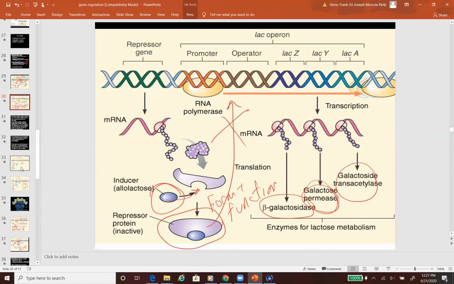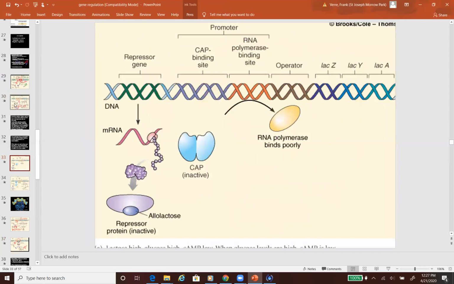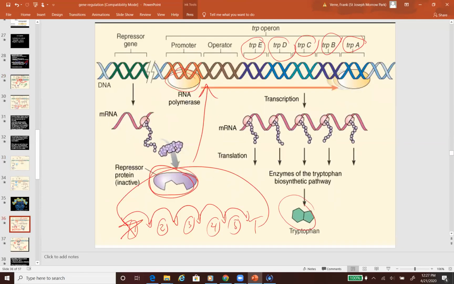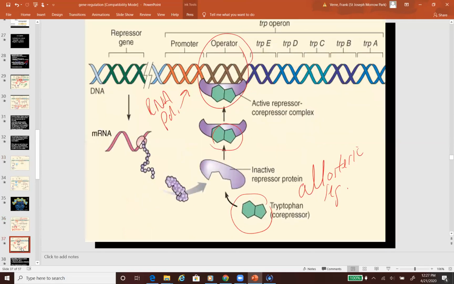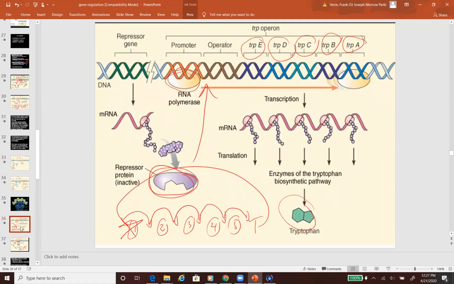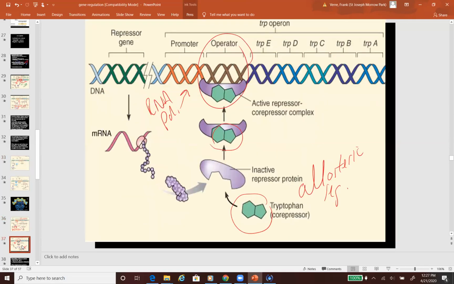I'll show you basically a third example, but the third example is actually just a follow-up to the Lac Operon, okay? And let me go back to an idea which should be logical. If you think about the trp operon, we want to turn this off when we have enough tryptophan. Here we're making tryptophan, that's the idea. And then when we have enough, we need to shut it off.